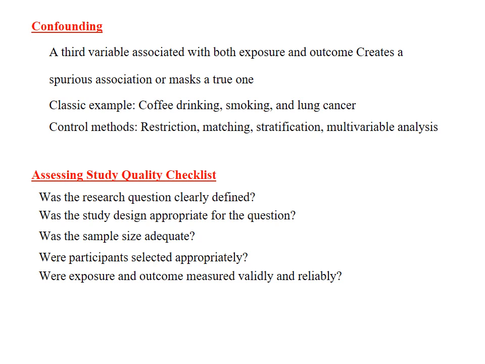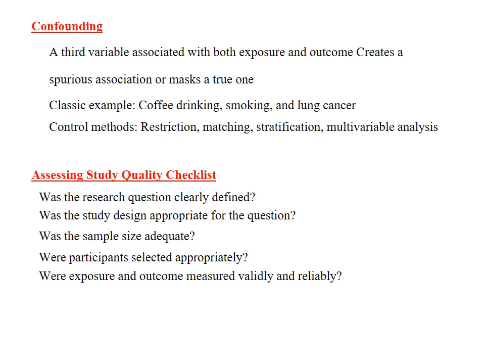Confounding. A third variable associated with both exposure and outcome creates a spurious association or masks a true one. Classic example: coffee drinking, smoking, and lung cancer. Control methods: restriction, matching, stratification, multivariable analysis. Assessing study quality checklist.